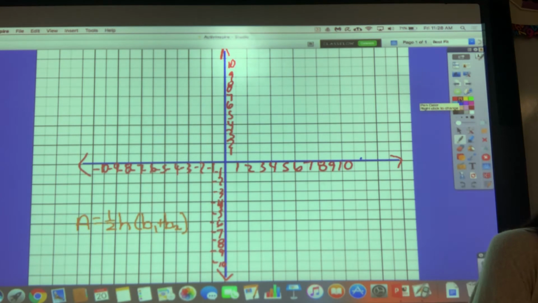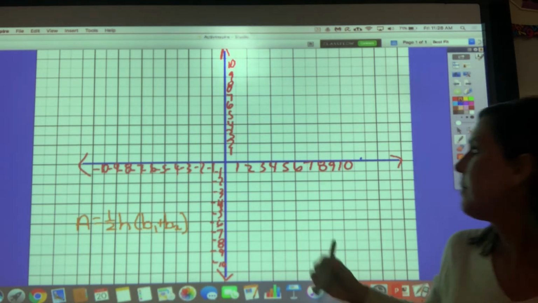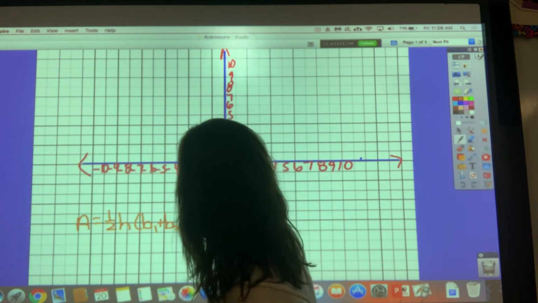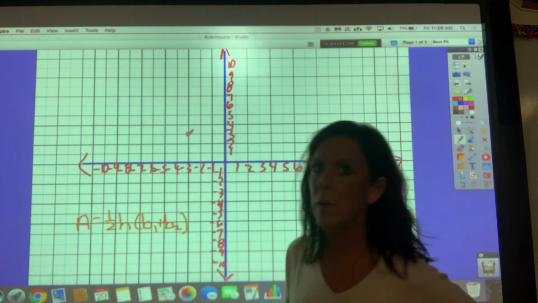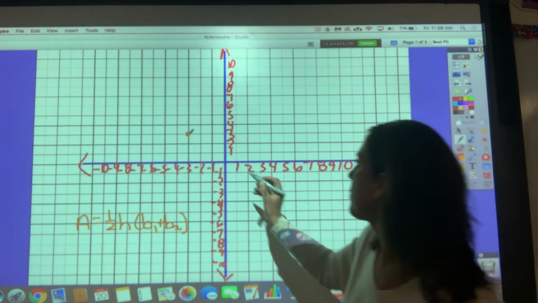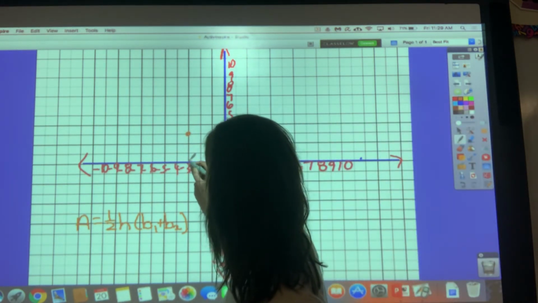Your first point is going to be at -3, 3. So over -3, up 3. Our next point is going to be at -3, 0. So going over to -3 and then not going anywhere.